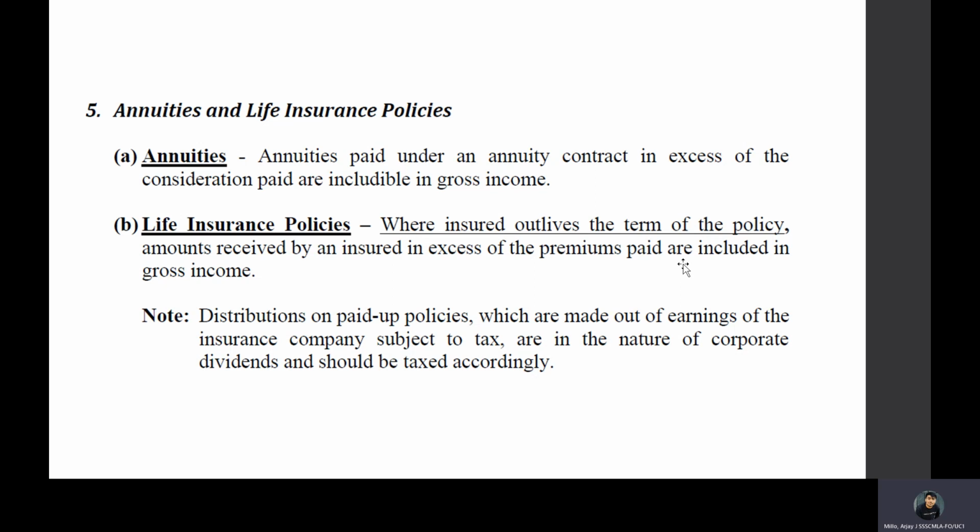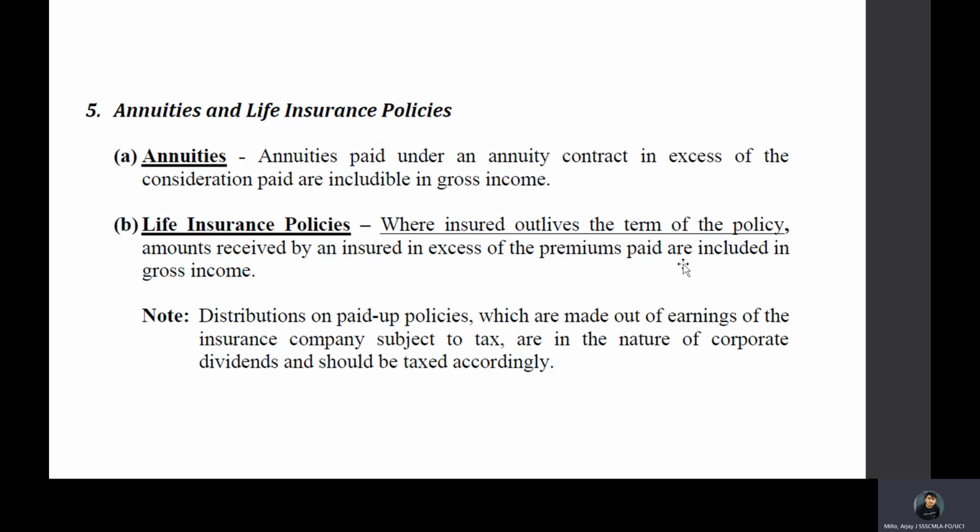Same with life insurance policies. Kapag na-outlive mo, kasi ang idea naman ng life insurance is bibigyan ka ng money if something happened to you. So if na-outlive mo yon, meaning nag-retire ka na or natapos na yung term, tapos ibibigay na sa'yo yung fund value ng insurance mo, any excess dun sa premiums paid, yun yung mako-consider as gross income.